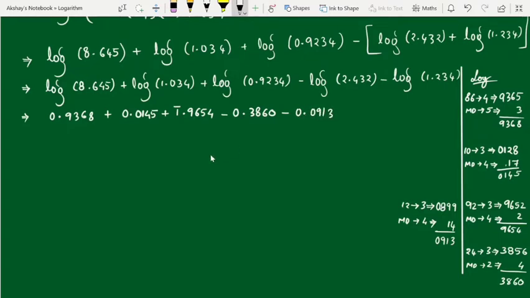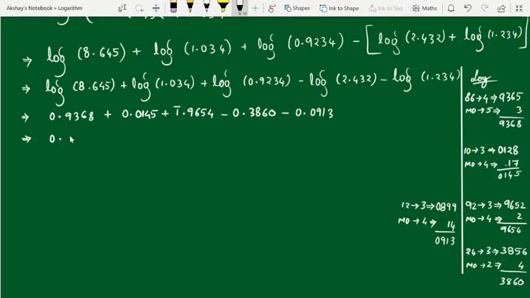Okay. So if you simplify this, here bar is there. So how can we resolve this part? Everything remains same. Only this one bar should be negative. 0.9654 should be positive.